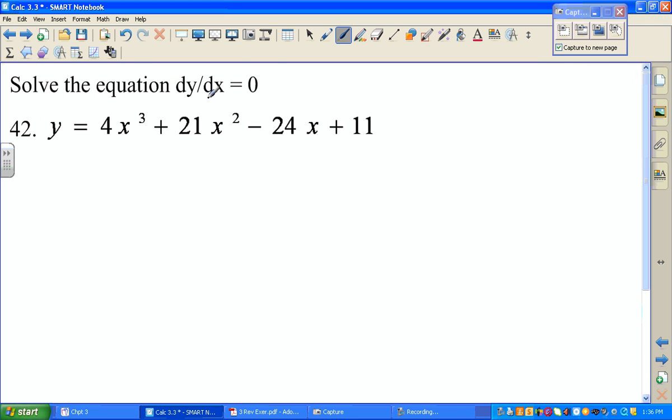Do you know, well, I'll let you write down first. All right, Graham, what do you get for the derivative? 12x squared. Go ahead. 42x.